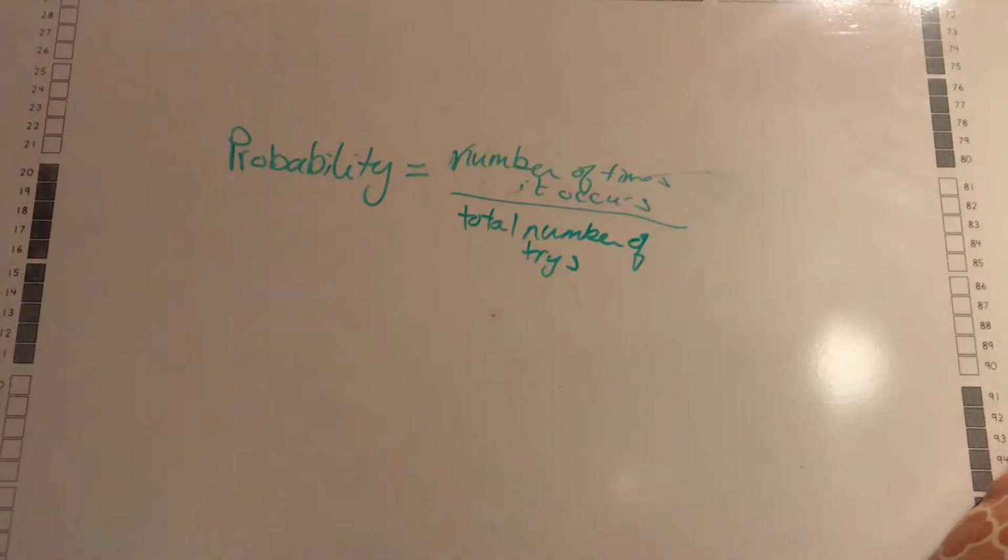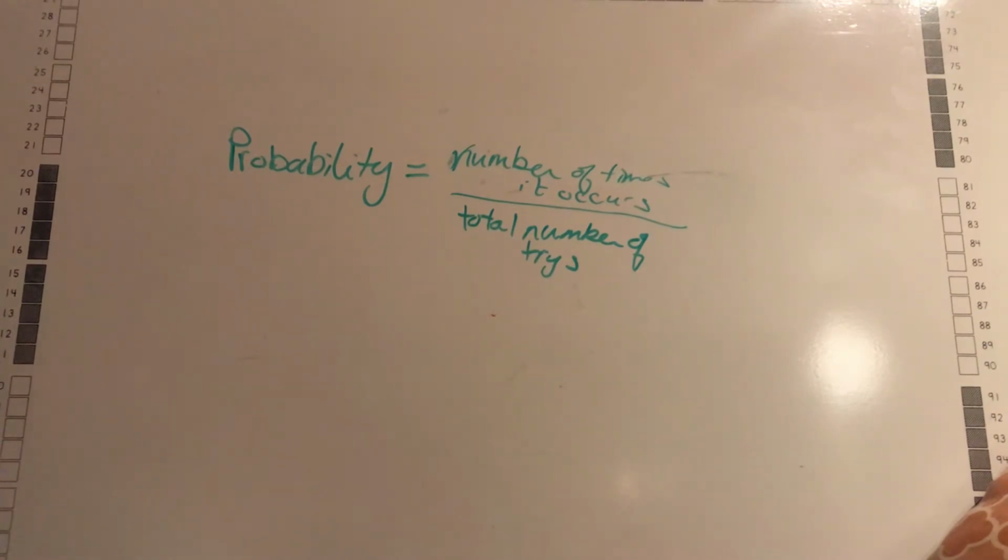Okay, so if you are kicking a ball to try and make a goal, and you want to find the probability or the likelihood that you are going to make a goal, let's say you do it 50 times and you make it into the goal 25 out of the 50 times.